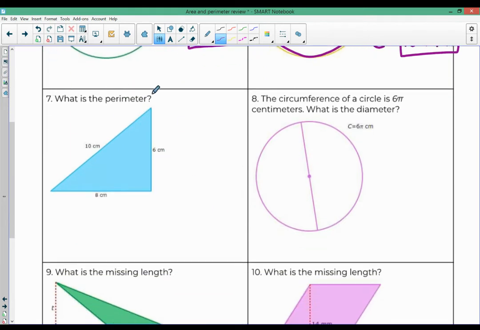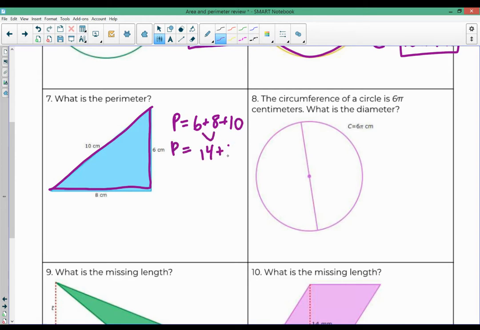All right, what is the perimeter? So the perimeter is just adding all of these sides up. So that would be 6 plus 8 plus 10. So that's 14 plus 10, which is 24, and then that's just in centimeters. The circumference of a circle is 6 pi centimeters. What is the diameter?